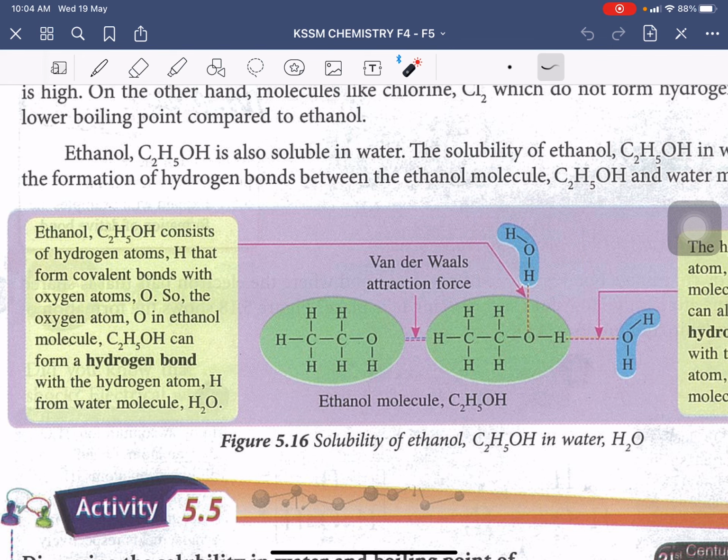So that is why ethanol is soluble in water, because the oxygen, which is high in electronegativity, will form a hydrogen bond with H from the water. So that is why the drawing just now like this is correct.